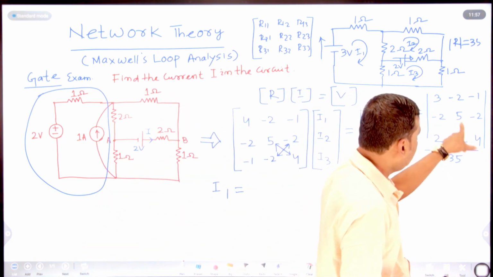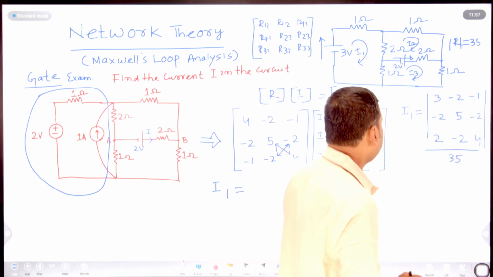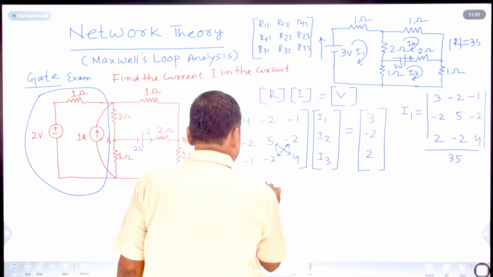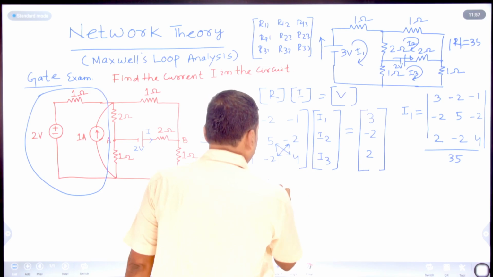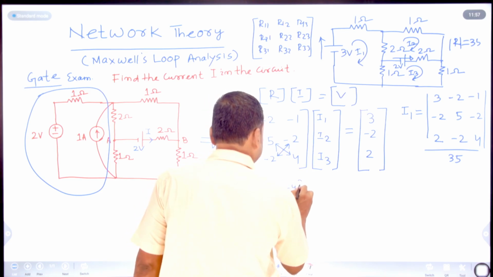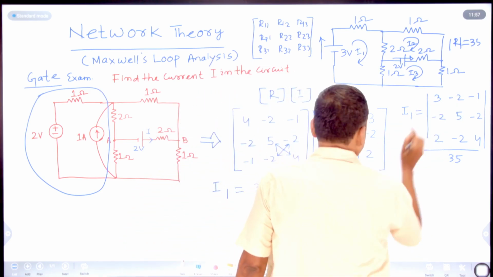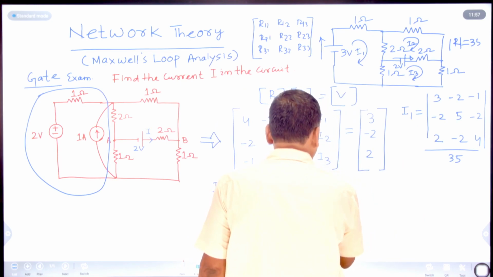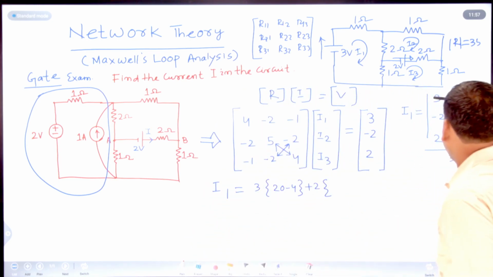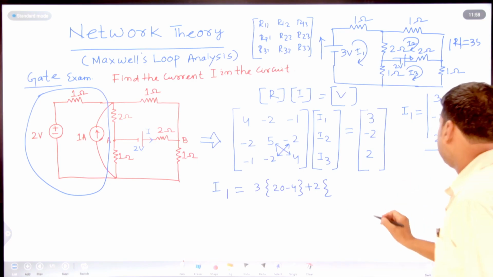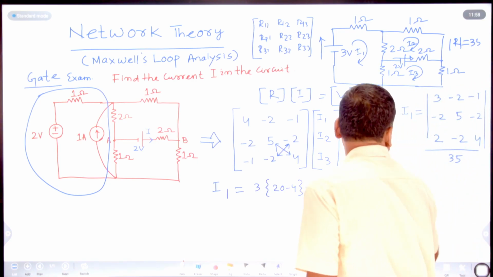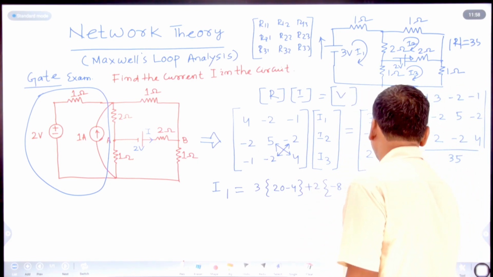Similarly, the value of this: 3 into 5 into 4, 20 minus 4, that is your 3 into 20 minus 4. Then minus plus 2. If you close this one, you will get 4 into minus 2, minus 8, minus plus 4.